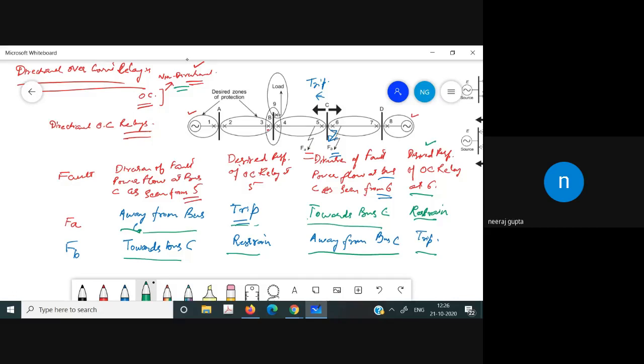So the two conclusions that can be drawn are that whenever the fault power flows away from the bus, then you can say that desired zones are created and the overcurrent relay will trip.